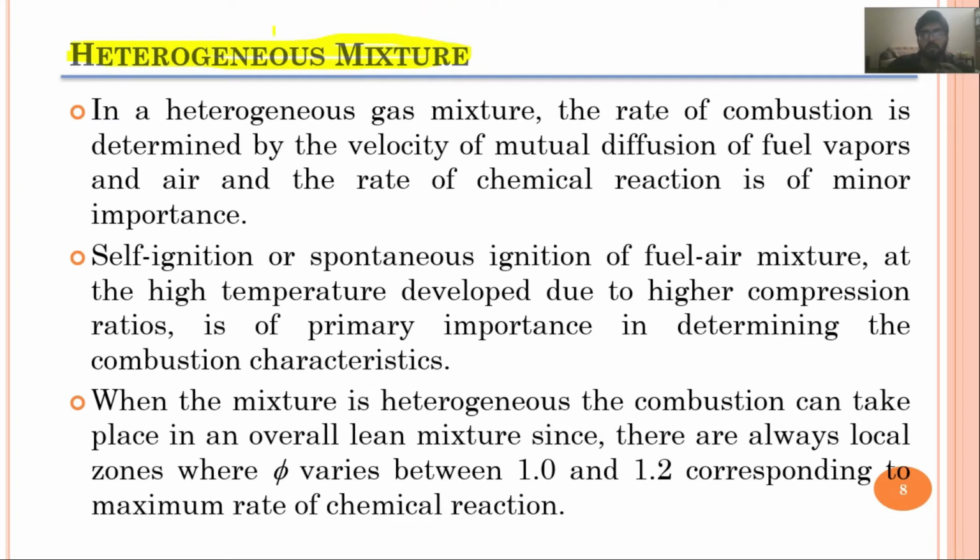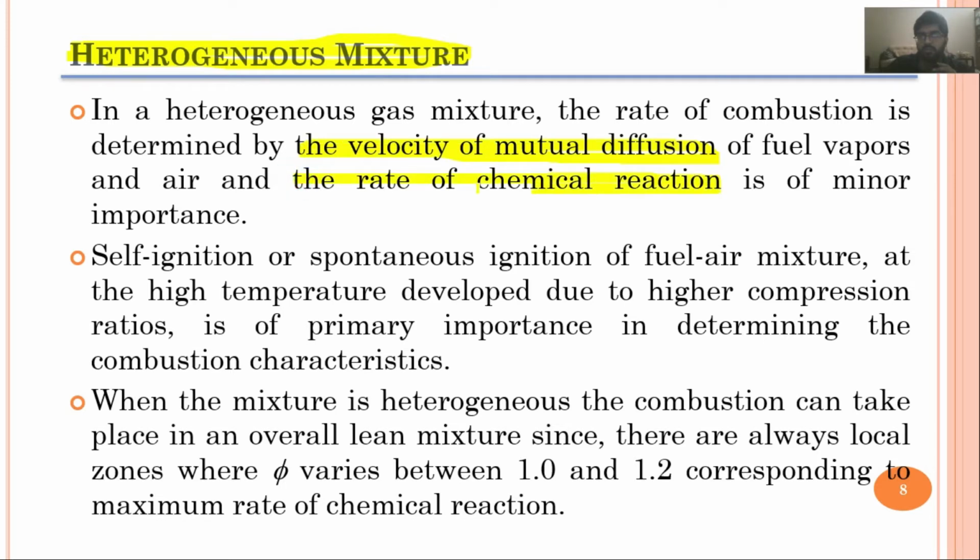So in a heterogeneous mixture, the rate of combustion is determined by the velocity of mutual diffusion of fuel vapors and air, and the rate of chemical reaction. So the rate of combustion depends upon two factors here: the velocity of the mutual diffusion and the rate of the chemical reaction.